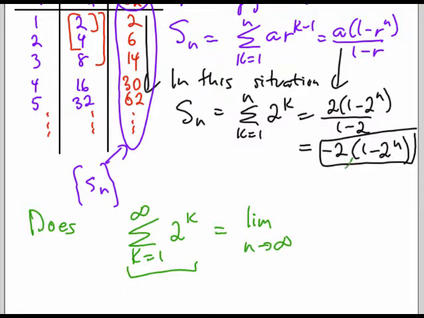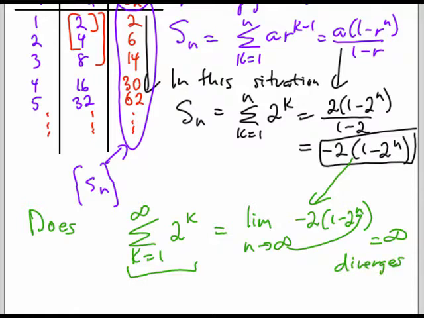And remember, that formula for this particular sequence was this. So if we evaluate this limit as n goes to infinity, 2 to the infinity goes to infinity, 1 minus infinity is negative infinity, times negative 2 is positive infinity. It diverges. And so if this limit diverges, it means that we say that our infinite series diverges.